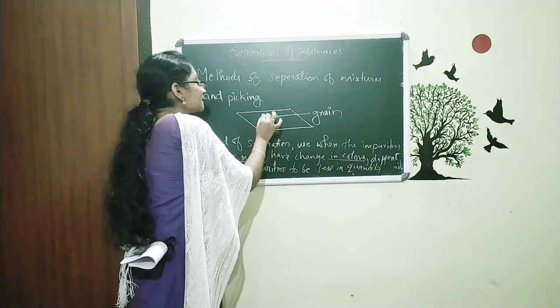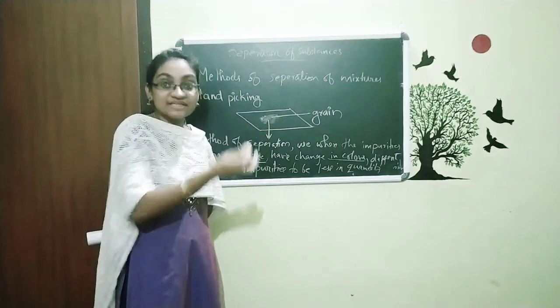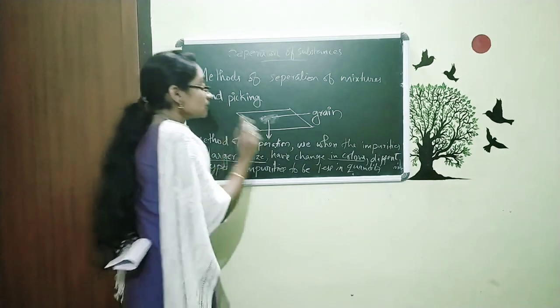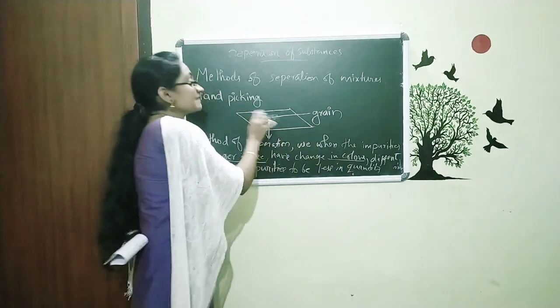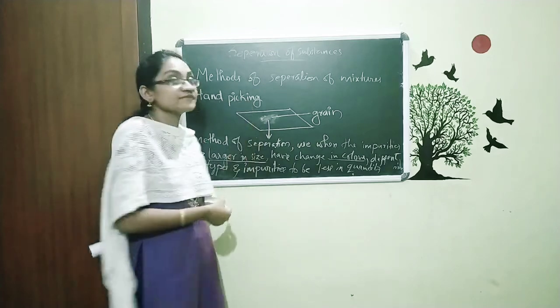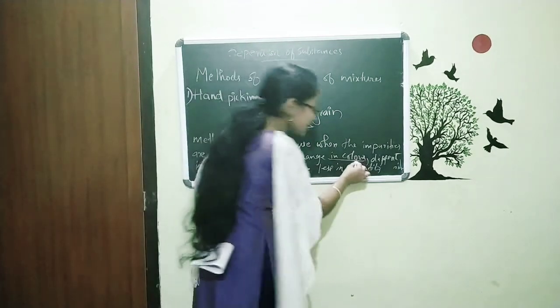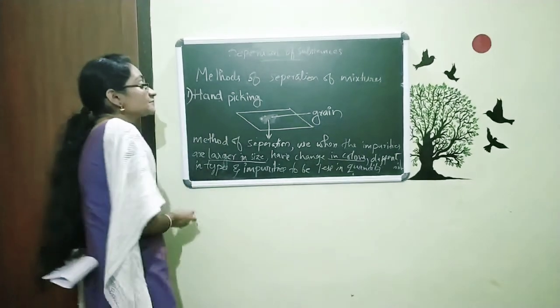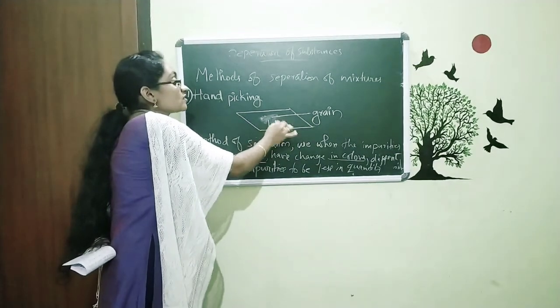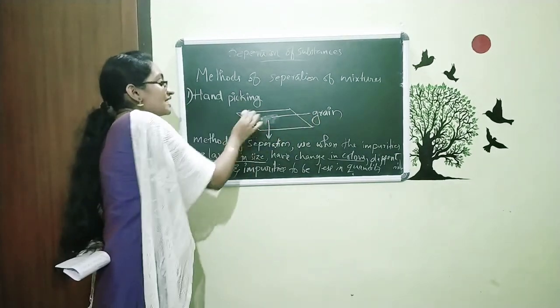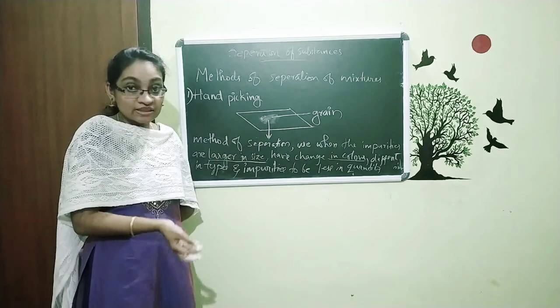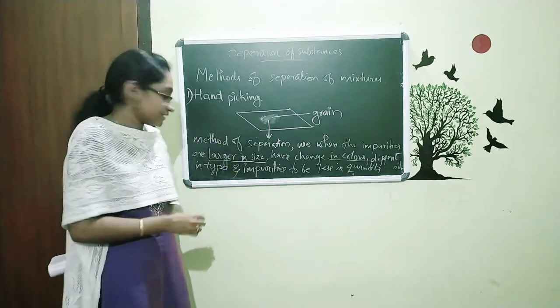When the pulses are there, we can see it has green color and all. When there is a change in color, we will focus faster and we can handpick easily. Different in types means we are concentrating on the grain, and if it has pulses or gram like that, it is okay for hand picking.